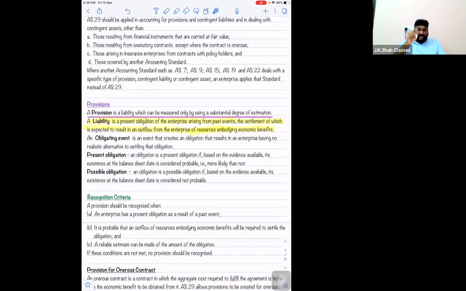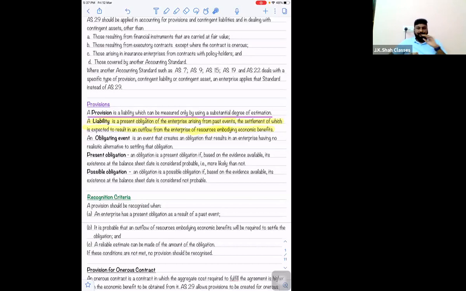And sir, your contingencies are possible obligations because their existence on the balance sheet date is considered as not probable. And that is the only reason why all the contingent liabilities are recorded in the notes to accounts. The contingencies are possible obligations, and the probability of outflow of economic resources is also not probable and not even remote.